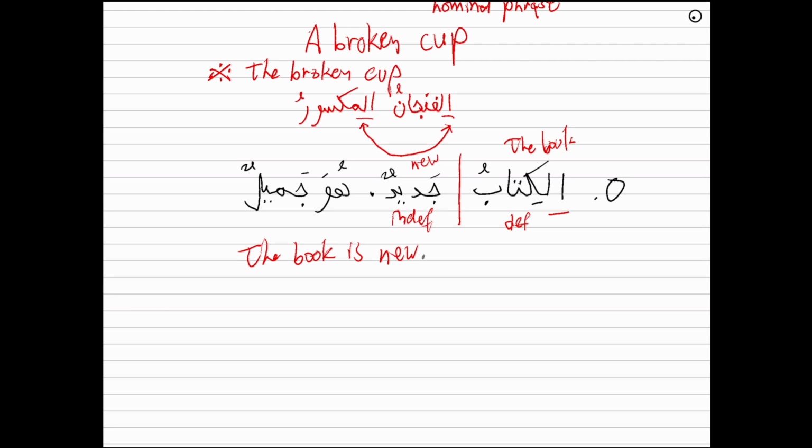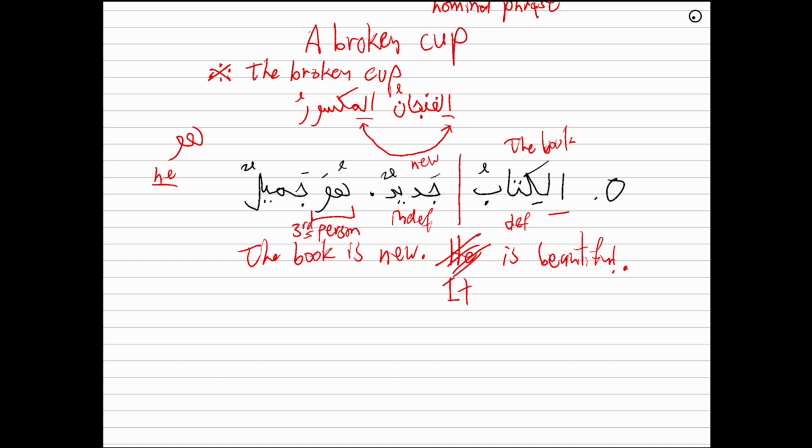And now, huwa jamil. Huwa is a third person pronoun, right? So huwa can mean he. So can it be he is beautiful? Well, not exactly. Rather, it is beautiful.